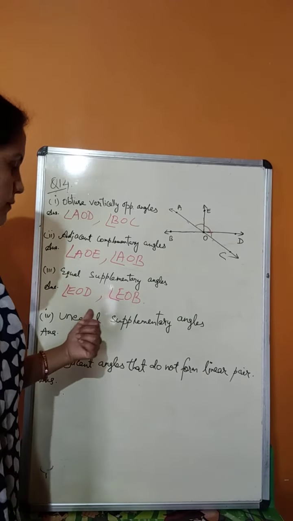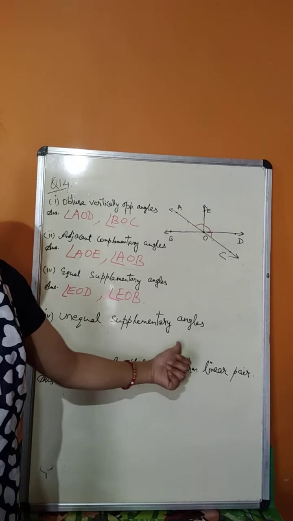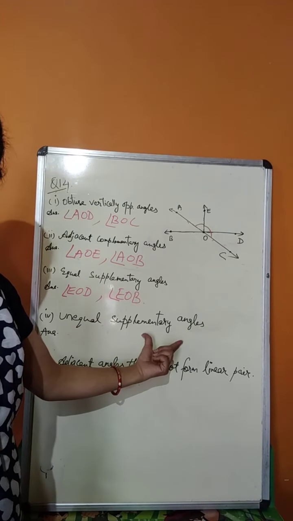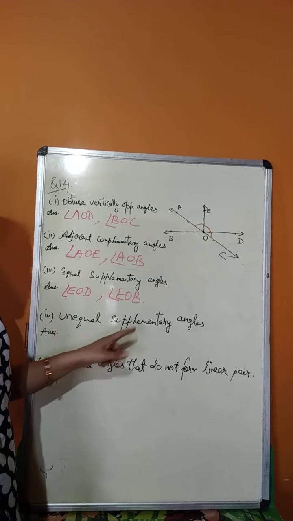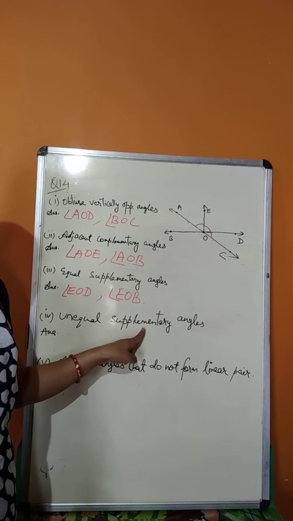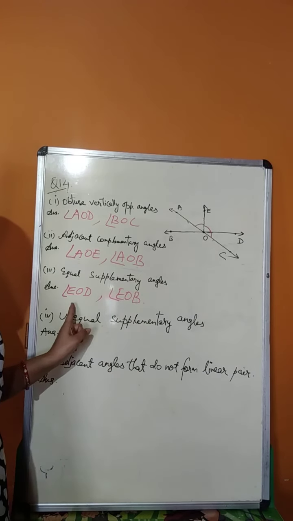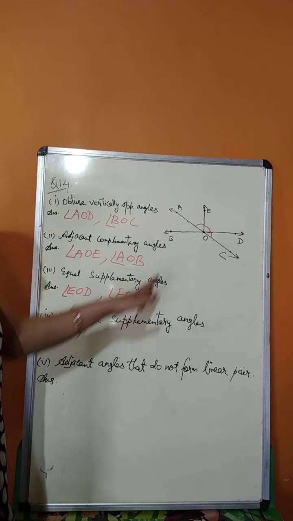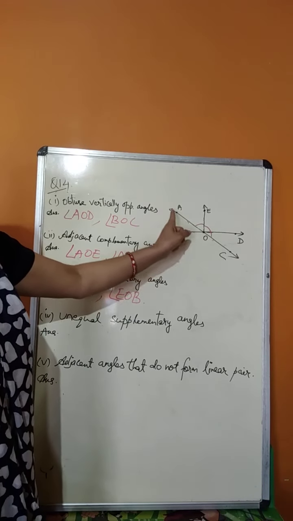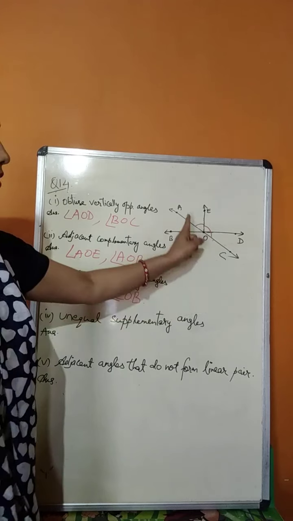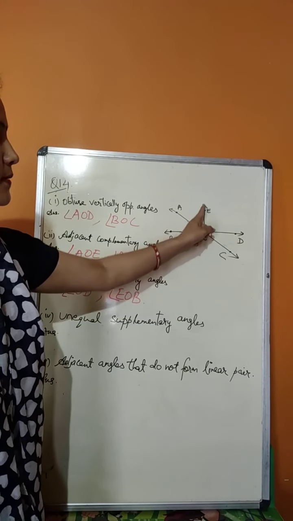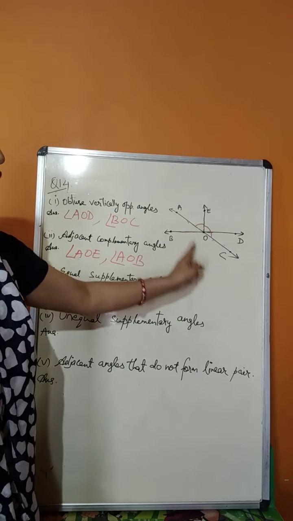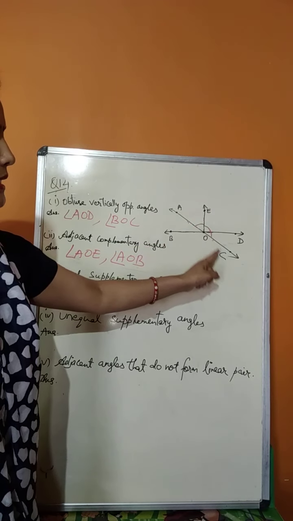Now next is unequal supplementary angles. That is supplementary angles but unequal. Their sum should be 180 degrees but they should be different, not equal. From this figure we can see that AOC is a straight line. So suppose we take AOE and EOC.